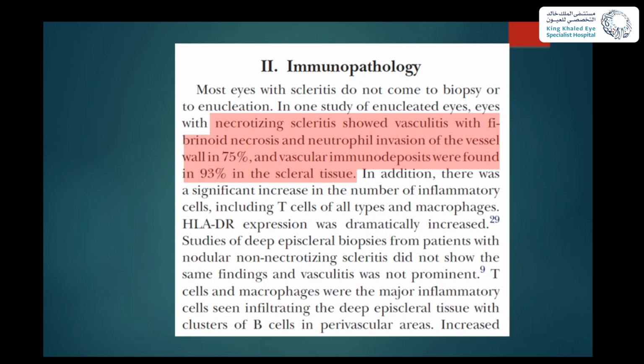And why are we looking for this? Because if you want to control any disease, you need to know the pathophysiology. And in fact, this is the importance of such lectures, the subspecialty lectures.